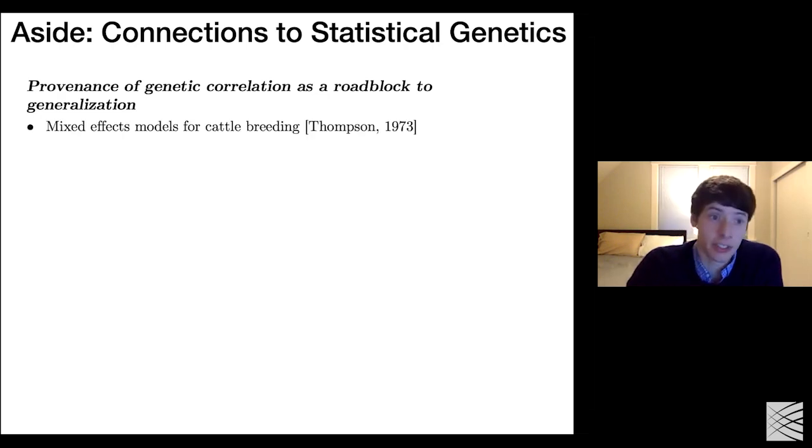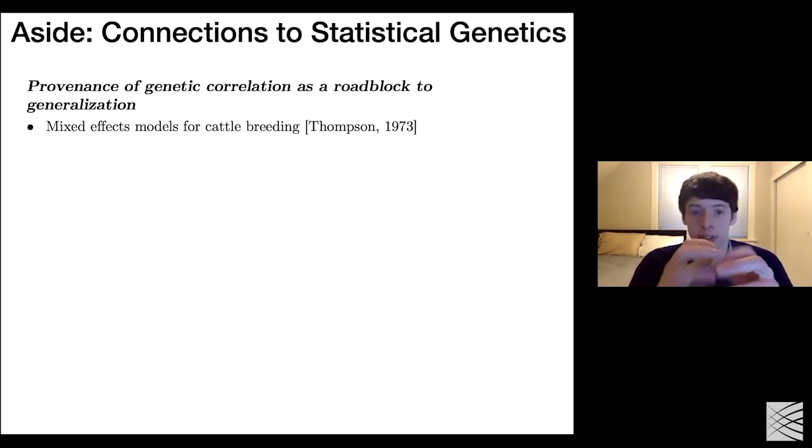These approaches really became developed in the literature on cattle breeding using mixed effect models, where the traits we might consider could be, for cows and bulls that you're breeding, how big they're going to grow and how docile they are, and how those are related.